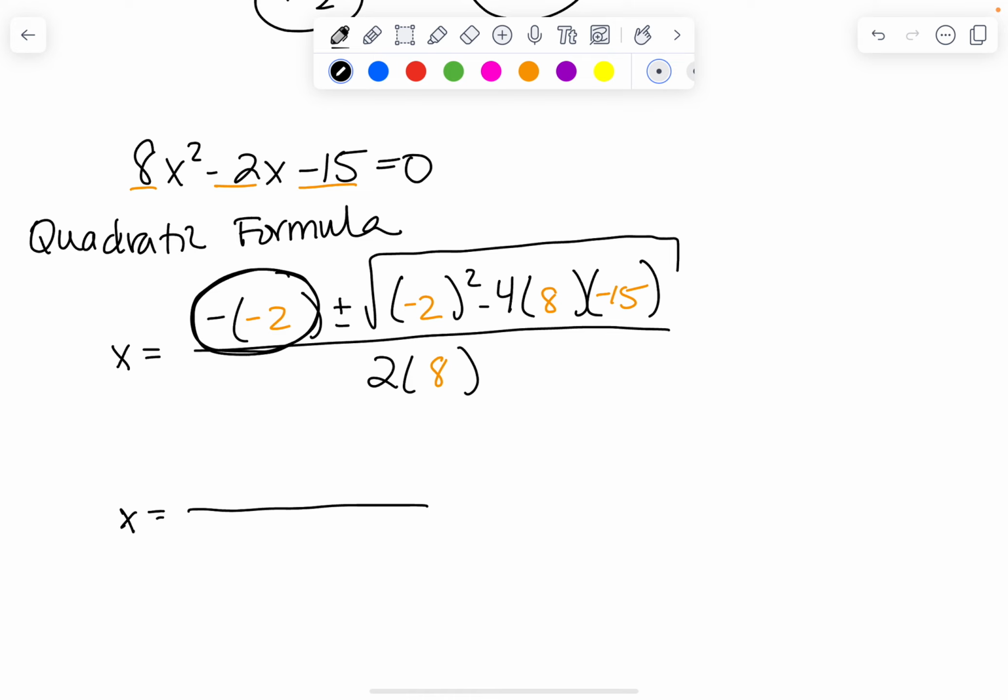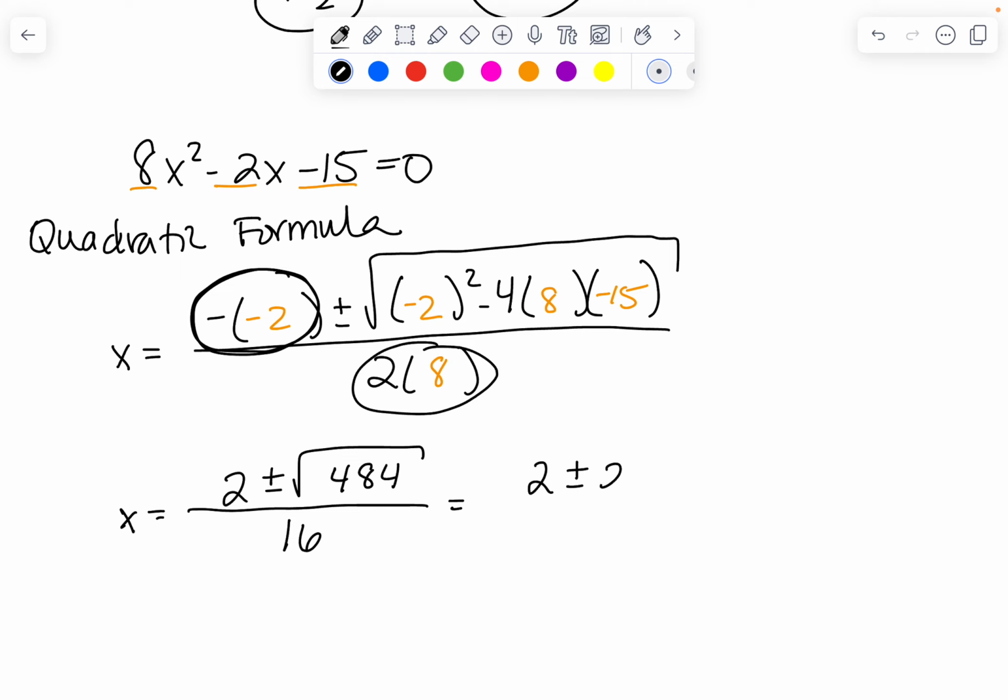This negative 2 is 2, plus or minus the square root. This is where parentheses get really exciting. That's 484. And then 2 times 8 is 16. The square root of 484 is a nice number. It is 22.